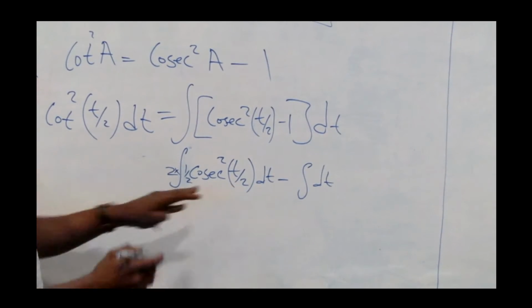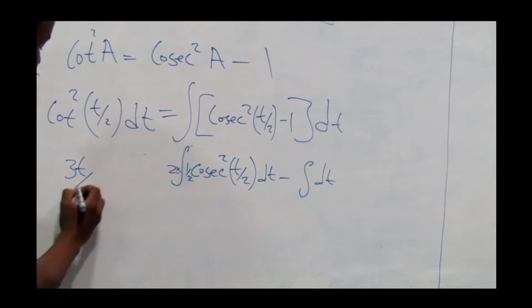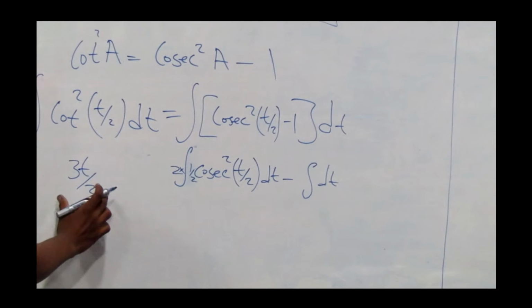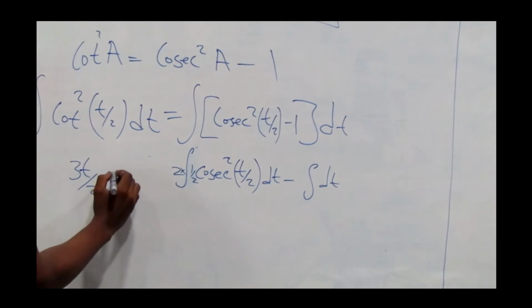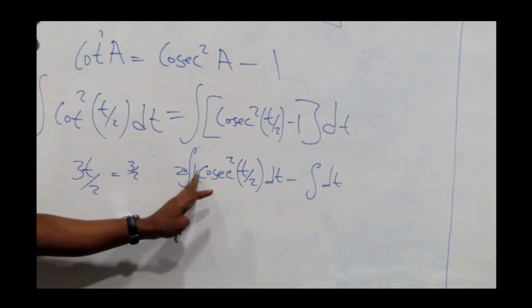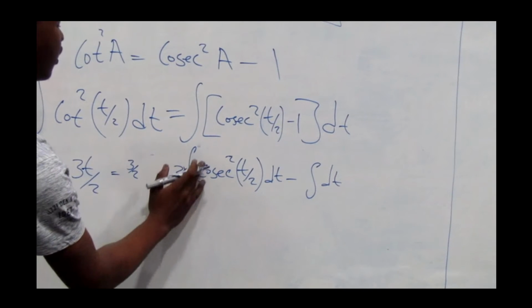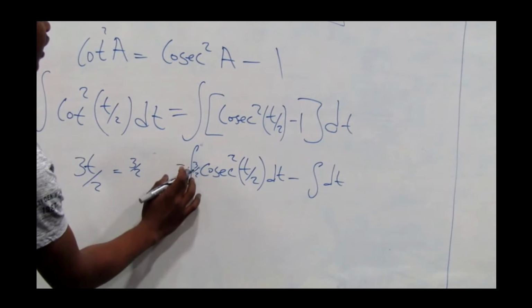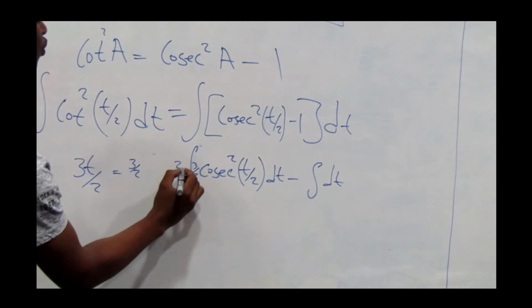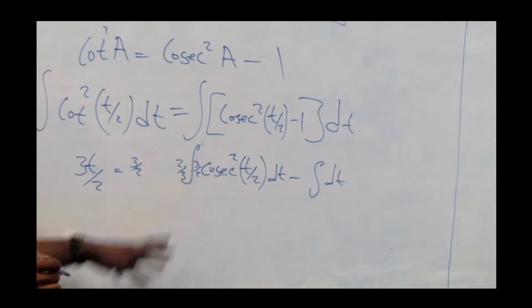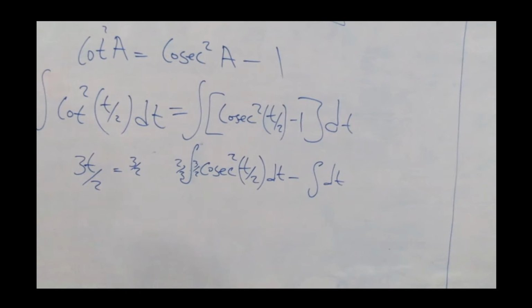Meaning if it was 3t over 2, then we differentiate this, it was going to be 3 over 2. Then we put 3 over 2 here, and outside we put 2 over 3, of which 2 and 2 cancel each other, and 3 and 3 cancel each other, then we get 1.